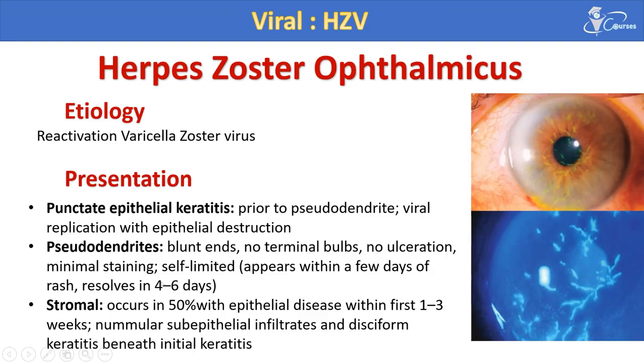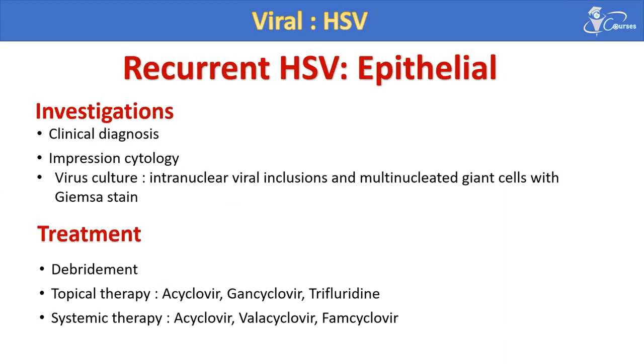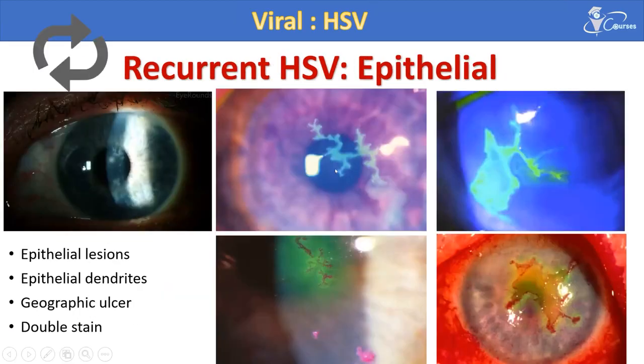What is the difference between the punctate epithelial keratitis or the pseudodendrites and dendrites? We said that in the herpes simplex there are dendritic lesions. The dendritic lesions of the herpes simplex, let me show you again. The dendritic lesions have terminal knobs. These terminal knobs are characteristic for true dendrites.